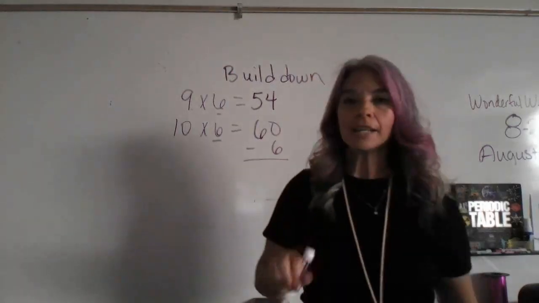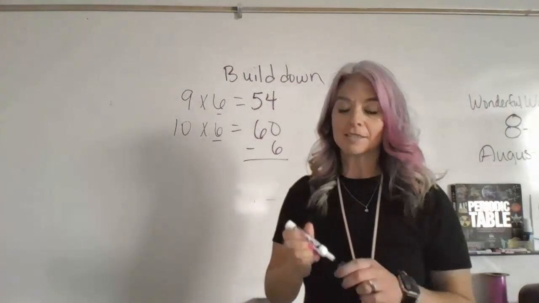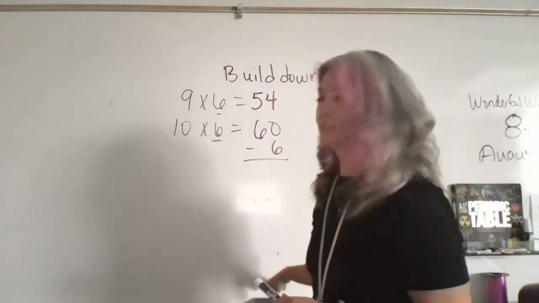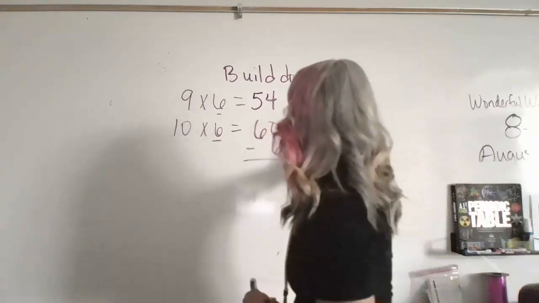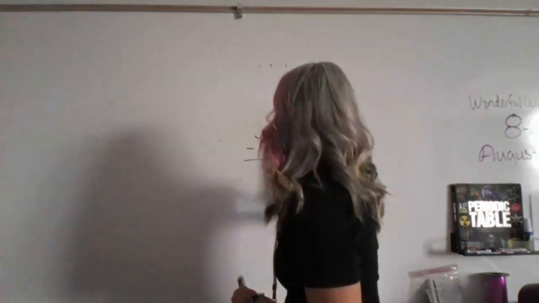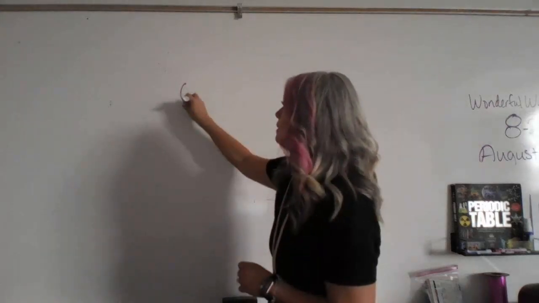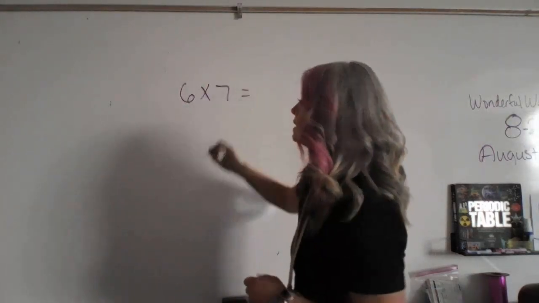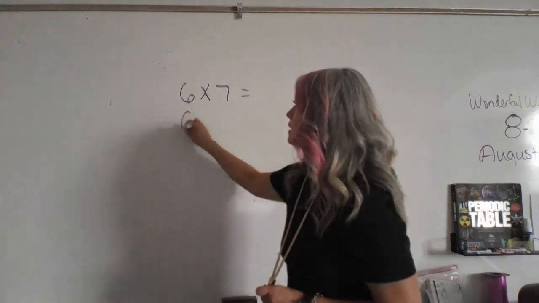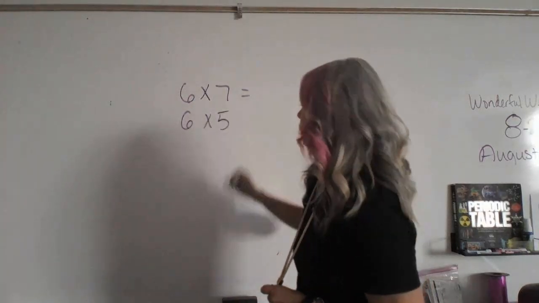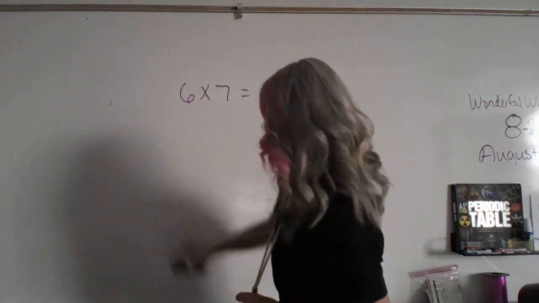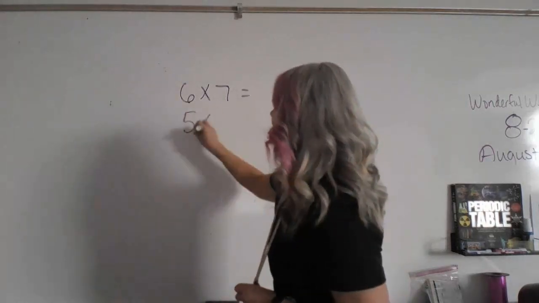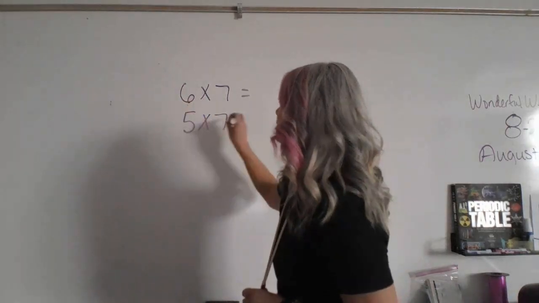There's one other strategy that we learned in 3rd grade, and that's called the build up. We're using another easy fact, which is our 5s. If I have the multiplication fact of 6 times 7, I'm going to think 5 times 7, so I'm replacing the 6 with my 5 here.